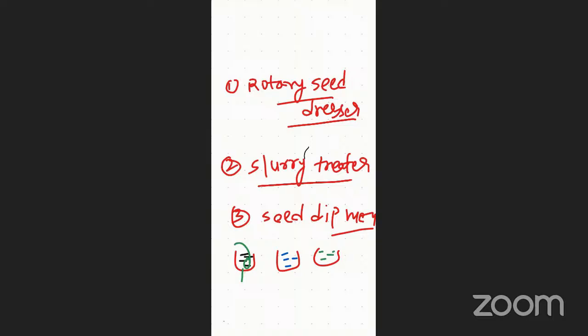So these are the main considerations in hot water treatment. The temperature should be below 60 degrees, that means 50 to 60 is enough, and the treatment duration is also 30 minutes.